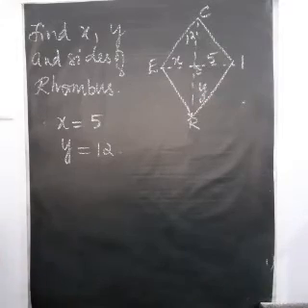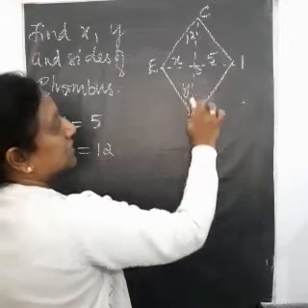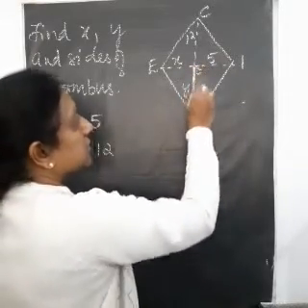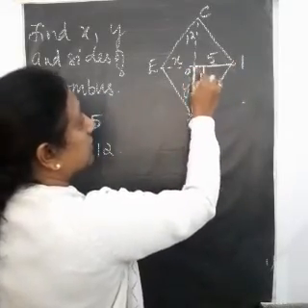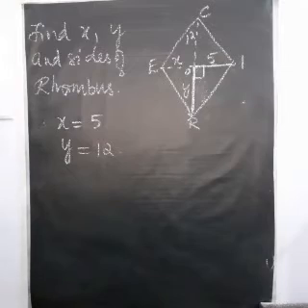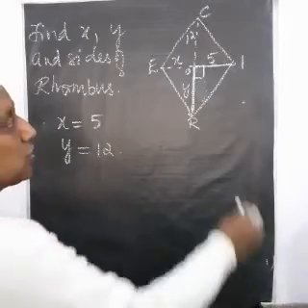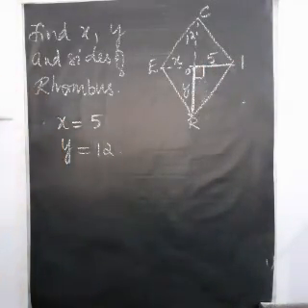Now we have to find the sides of a rhombus. Now supposing we take this triangle, we know in a rhombus the diagonals bisect each other at 90 degrees. So all these angles are going to be 90. So what kind of triangle do I get here? We get a right triangle.